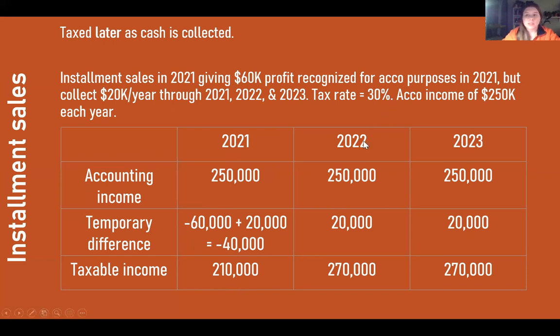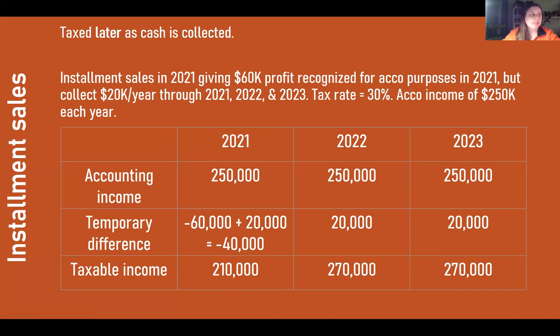For 2022, in your accounting income, you didn't recognize anything related to installment sales, but you did receive $20,000 in cash during the year. Tax says, oh, well, you received cash, so you did receive some revenue during the year. So they're going to want you to add the $20,000 in cash that you received throughout the year.